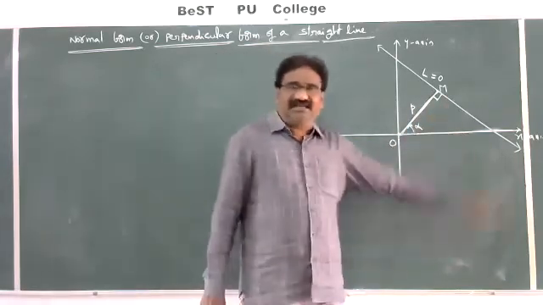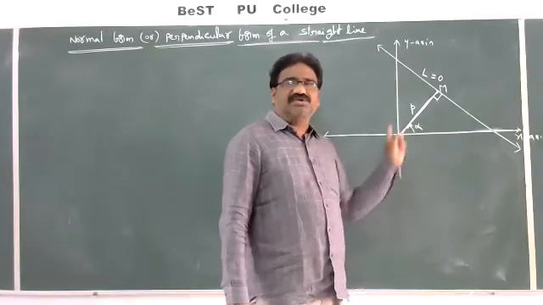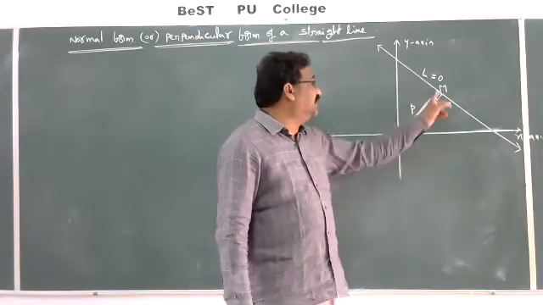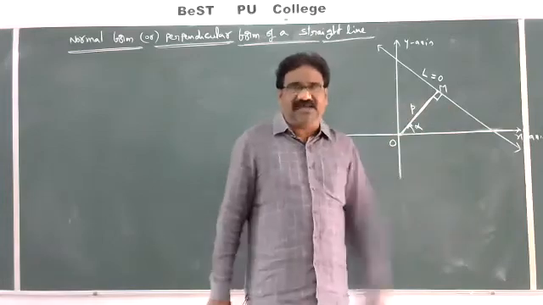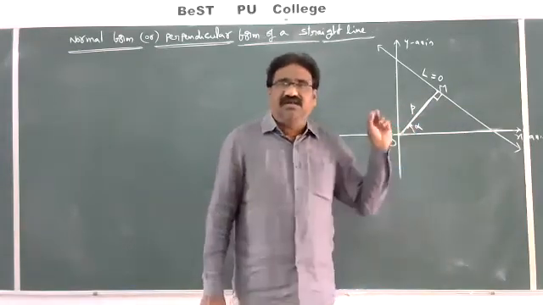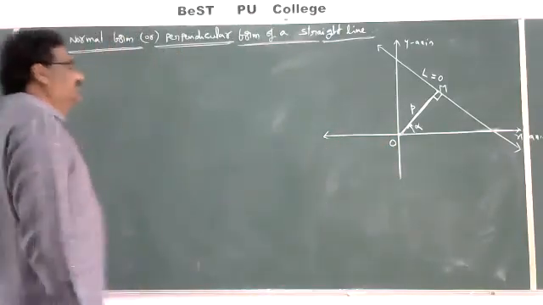So L is a line. A perpendicular is drawn from origin to the line. The perpendicular distance from origin to this line is small p, and this perpendicular makes an angle alpha in the positive direction of x-axis. Write this.